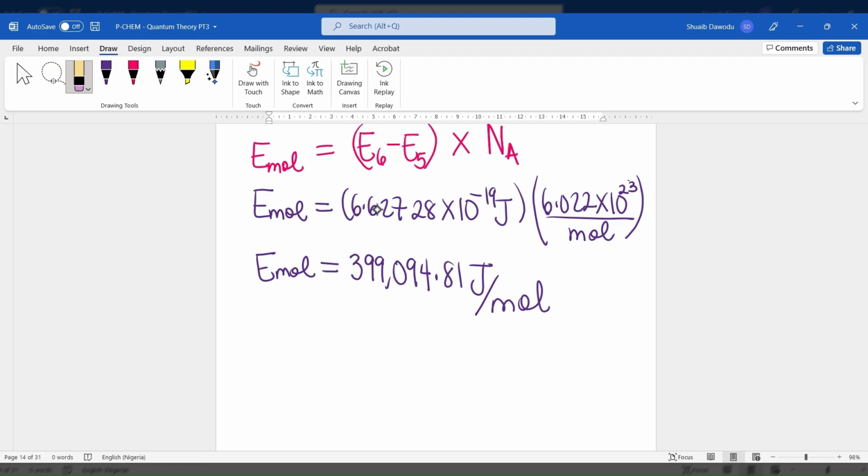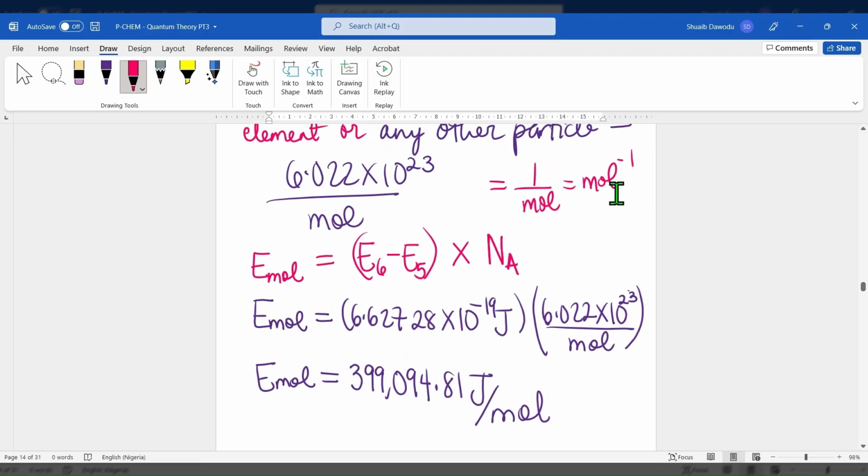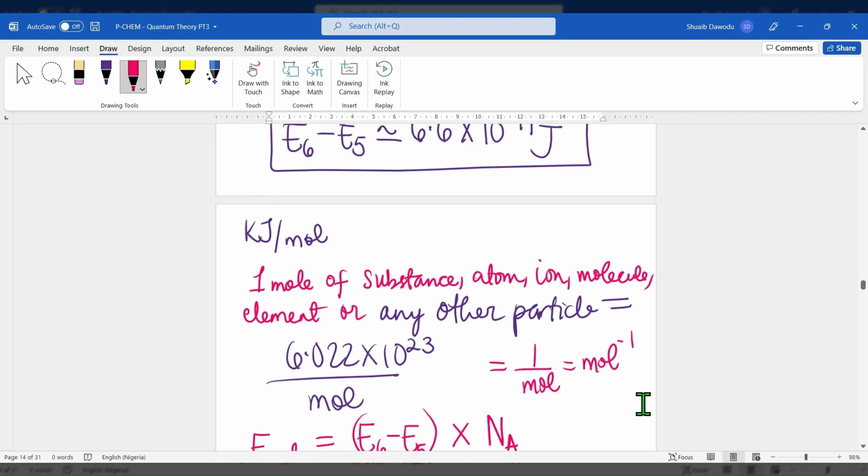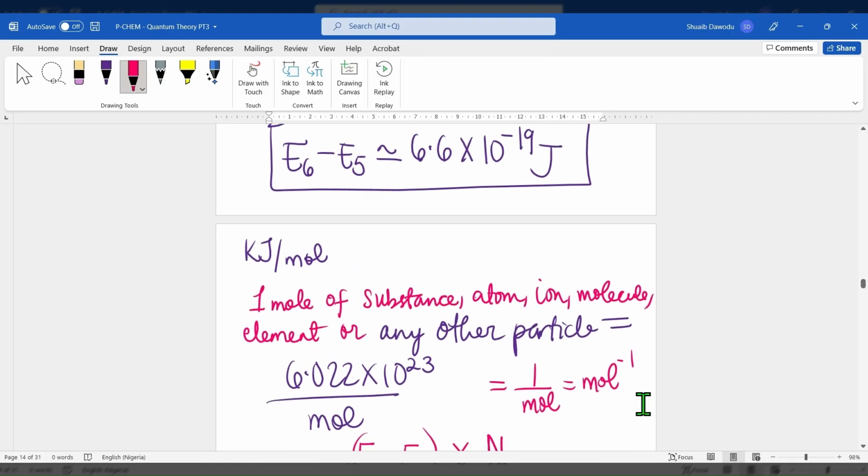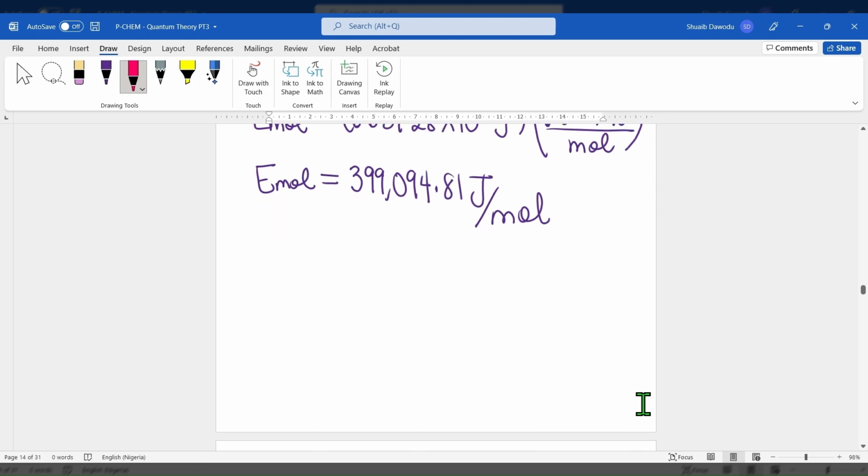Actually, before I go on, I want to quickly mention the reason why I'm using the raw value 6.62728 times 10 raised to the power of -19 joules. Whenever you're dealing with calculations in science, you have to use the raw values. Please do not use the approximated value like 6.6 times 10 raised to the power of -19, because it's not going to give you the correct final answer.